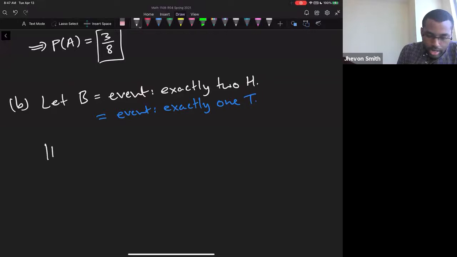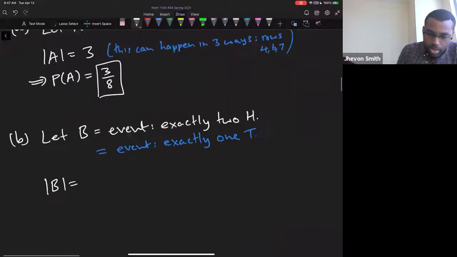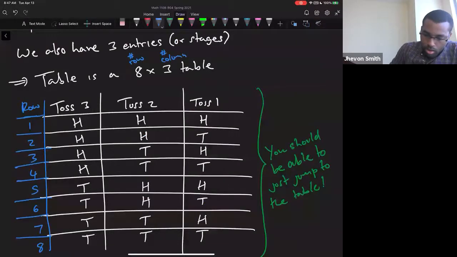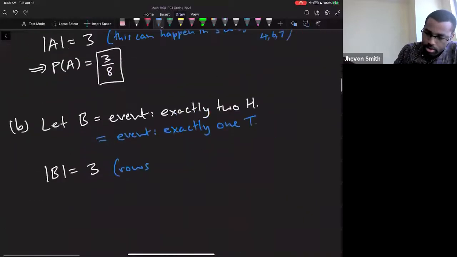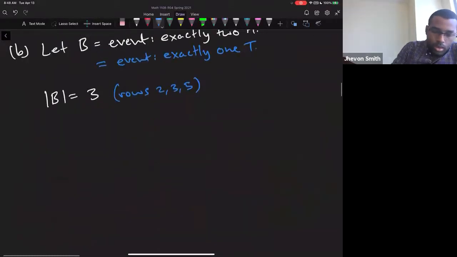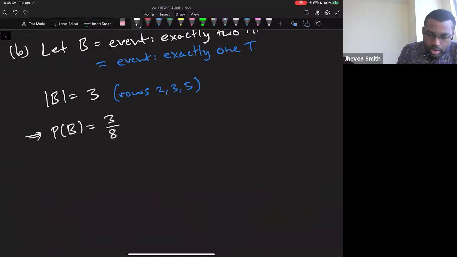And then you know that the size of B is equal to 3 by the same idea. You can look at rows 2, 3, and 5. So this implies the probability of B equals 3/8 again.